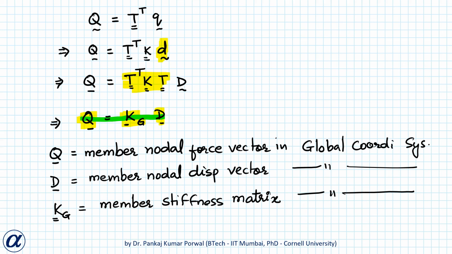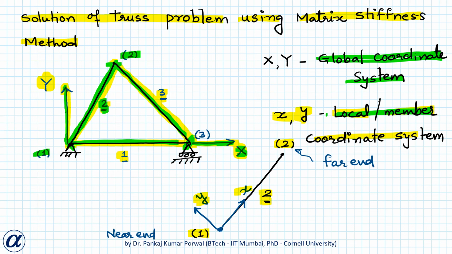Now when we look at our structure, at each node we have 2 degrees of freedom in global coordinate system, that is in global x direction and y direction, and in any structure at any node out of forces and displacement, one quantity will be known and the other quantity will be unknown.